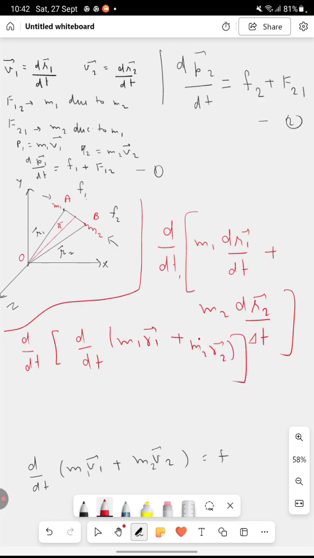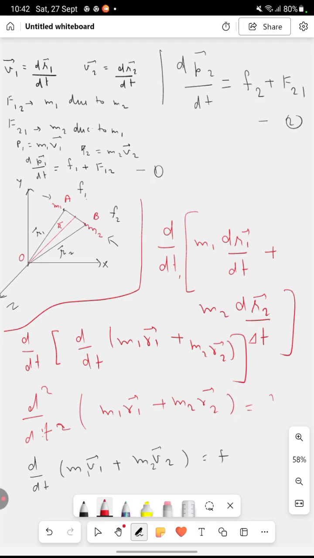Now this can be written as d square by dt square of m1 r1 plus m2 r2, is equal to F.